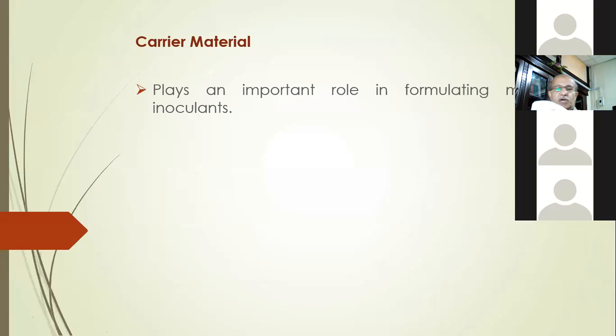This is actually a bioherbicide, right? Inside is some organic material and the bacteria. That organic material is actually called the carrier material, right? We grow the bacteria in the lab, then we harvest those bacteria and add a very high population of those bacteria into that bag, and these bacteria continue growing over there.